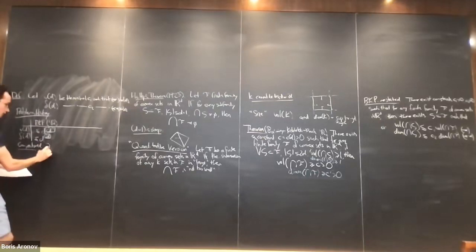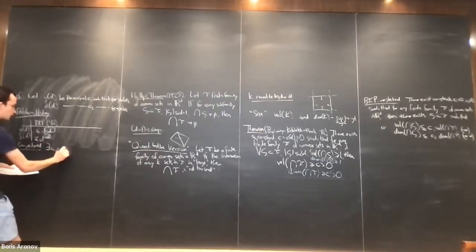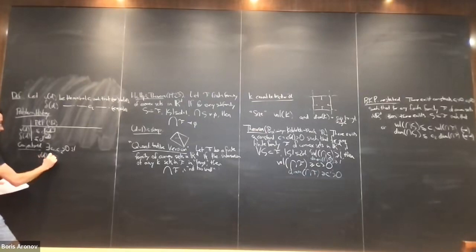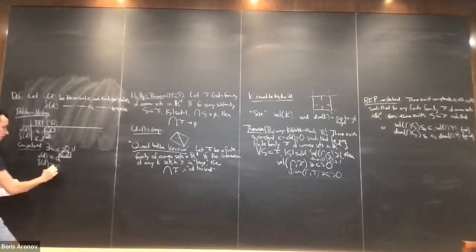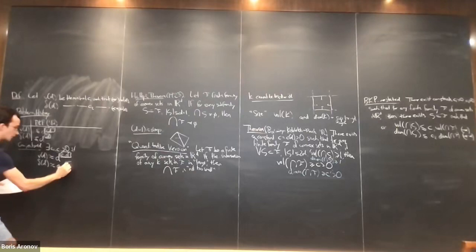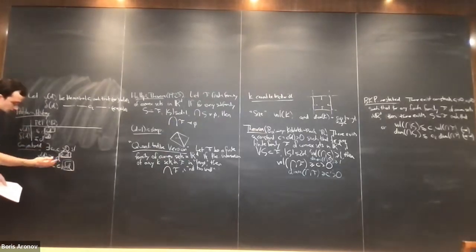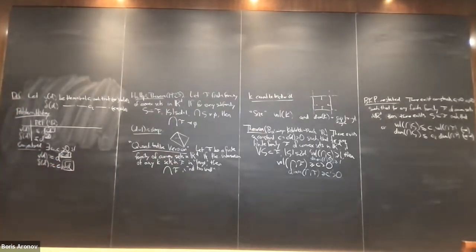They conjectured that there exist positive constants such that v of d is approximately d to the C1 d, and that delta of d is approximately C2 times the square root of d. For the bottom one, it comes from this being proportional to the main diagonal of the cube.